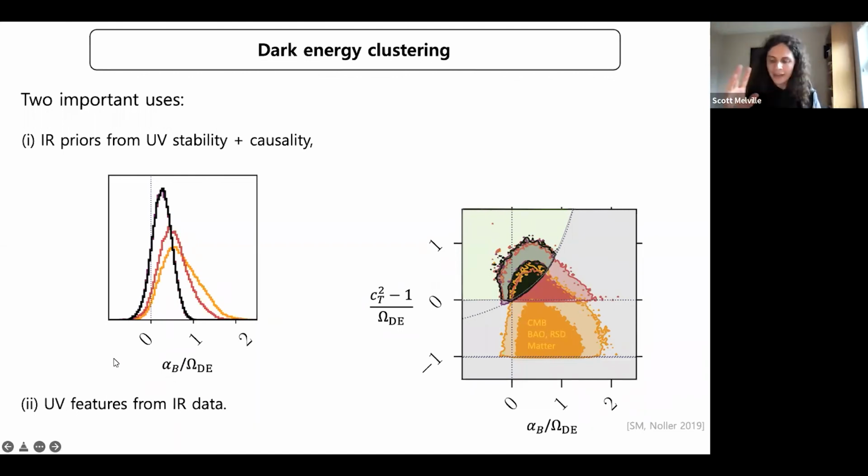Good. And so the final thing that I want to say before we move on to any questions is that you could also run this story in reverse. Point number one is saying, let's start in the UV, at very high energies, and assume that we have causality. What does that mean at low energies? Running this in reverse, you could say, well, if next generation surveys really shrink these contours and give us a much better estimate of CT and alpha B, this tension could get a lot worse.